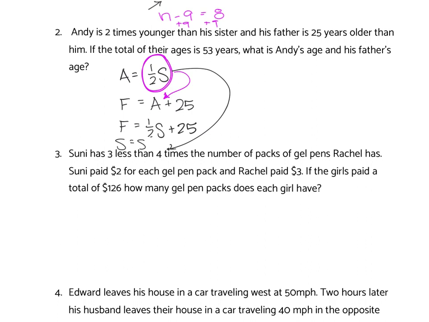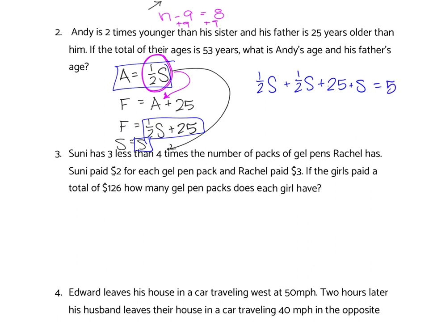So for their total ages, I now have Andy's expression, which is 1/2 S. I have the father's expression, which is 1/2 S plus 25. And I have the sister's age, which is S. And all together, their total ages add up to 53. So now I'm just going through the steps of solving the equation. I'm going to combine like terms.